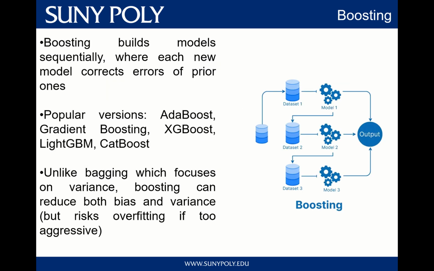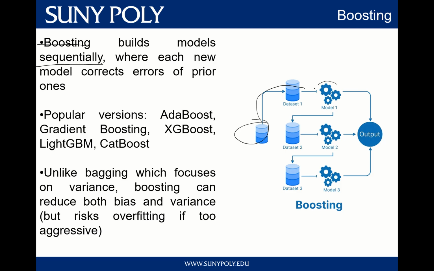A second key concept, which is different than bagging, is boosting. So in bagging, we have models in parallel, and they are kind of disconnected, let's say. But here, when you perform boosting, we create our models sequentially. So it's like iterations. For example, here we have our original data, our training set.